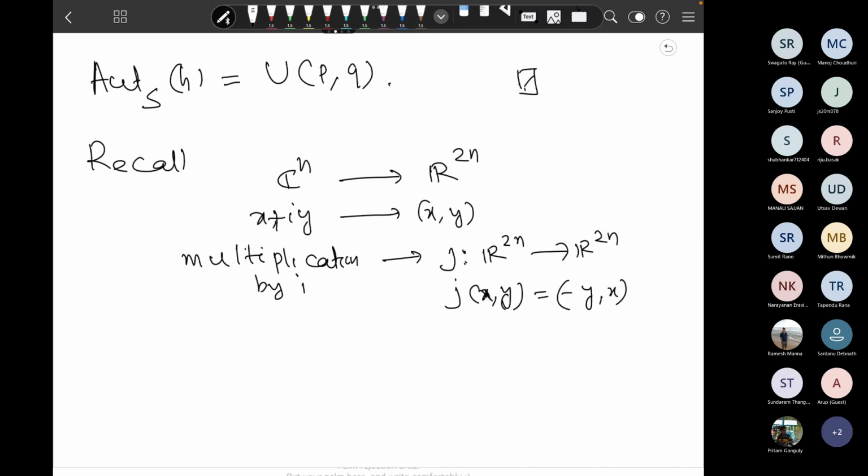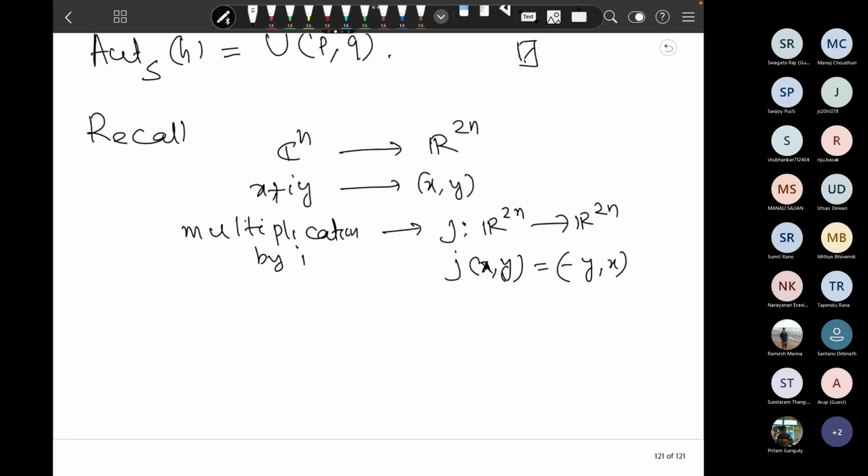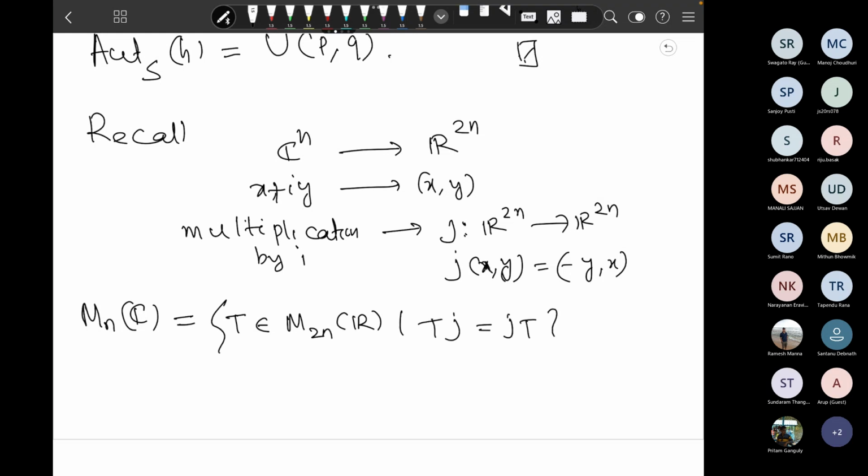Okay, so using this, I can say that MnC is equal to the set of T belonging to M2n(R) so that TJ is equal to JT. We have seen this, and also GLnC is T belonging to GL2n(R) so that TJ is equal to JT.